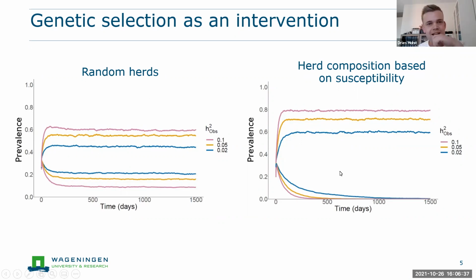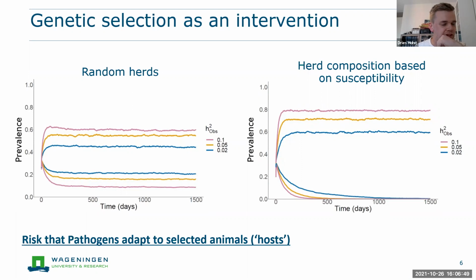If we could reduce the prevalence of an infectious disease using genetic selection, then the question comes: as we see with antibiotics, for instance, pathogens can adapt themselves quite well to interventions. So can that also happen when we select animals genetically?